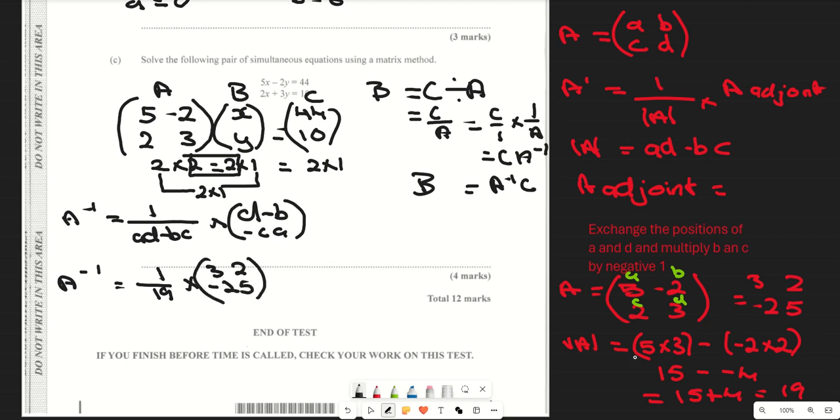So A inverse would be 3 over 19, 2 over 19, minus 2 over 19, and 5 over 19. Because this is a scalar multiple, I'm multiplying 1 over 19 by each term in my bracket. So that's what A inverse is. Now we simply multiply this by C to get an answer.